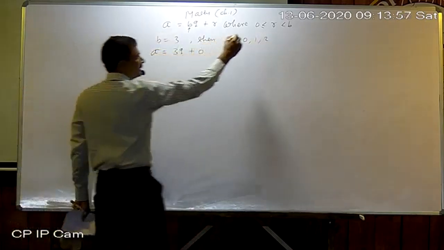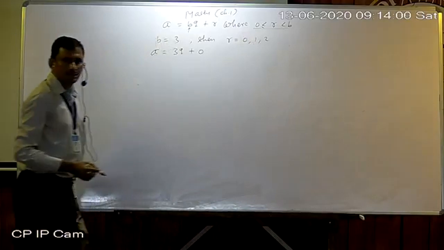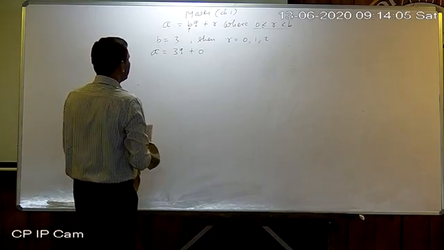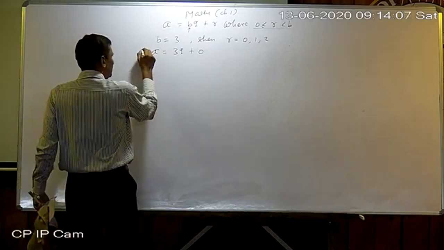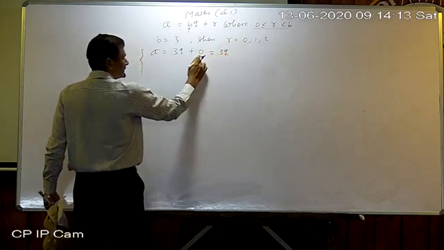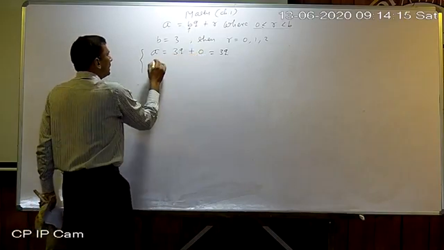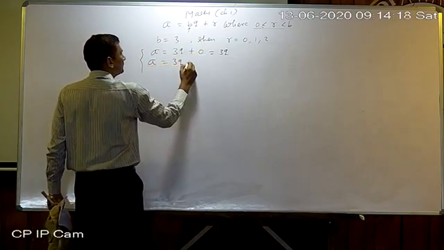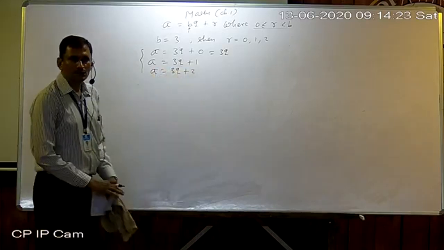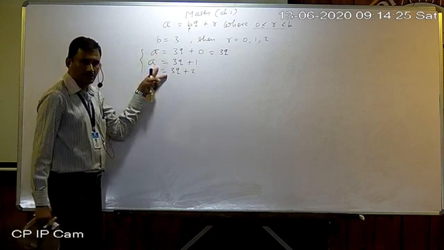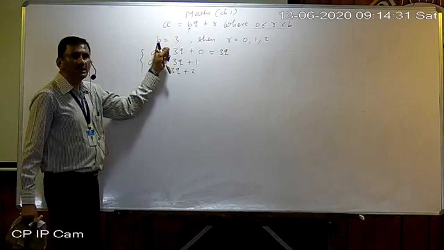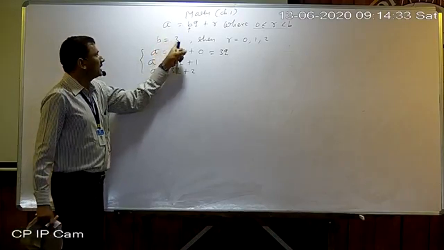Look there: less than B, and starting from 0. So I can write the expressions of A as 3Q, 3Q plus 1, and 3Q plus 2. So we got 3 expressions of any unknown positive integer, whenever we decided B equals 3.